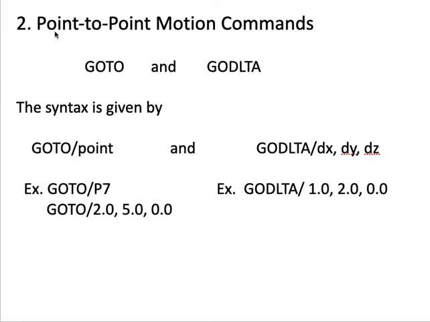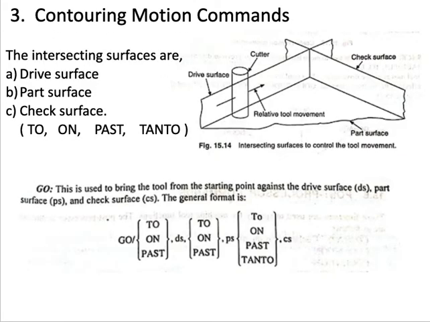Next is contouring motion commands. These are used to specify continuous path motion involving milling and turning operations to generate a variety of surfaces. The contouring commands are used to continuously control the tool throughout the move.